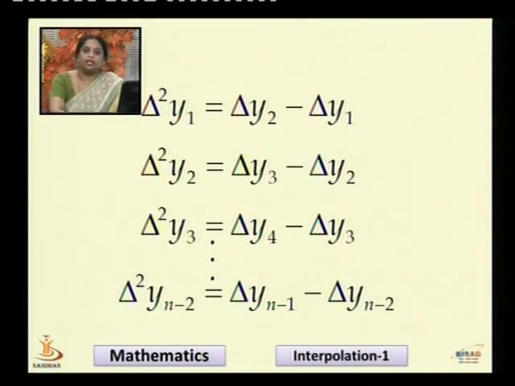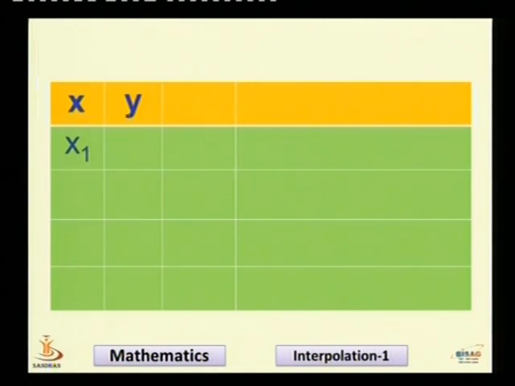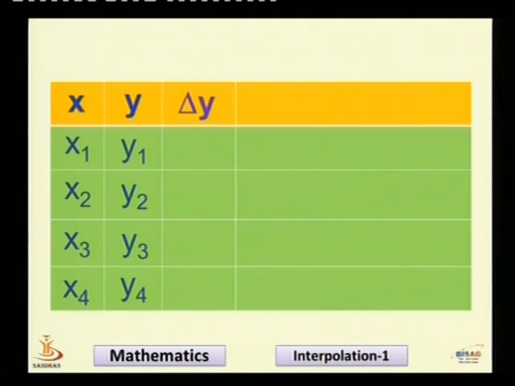Let us have a look at these second order differences in the tabular form. We know that we have been given the values of x and y, x1 y1, x2 y2, x3 y3 and x4 y4. And we just computed the first order forward differences delta y and obtained delta y1, delta y2 and delta y3. We shall now obtain delta square y.